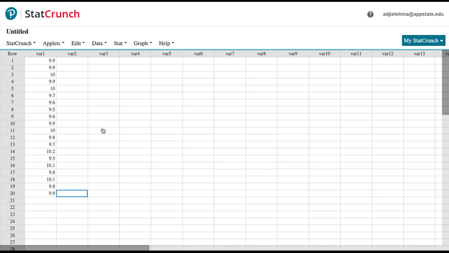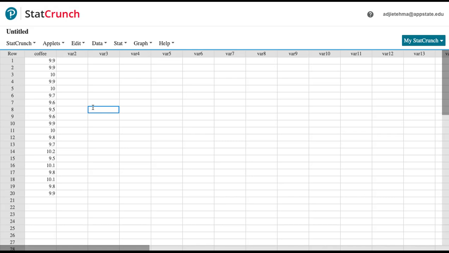So I have been able to input the data, and the data is about coffee, so I'll name this column coffee. In the last slide, I have shown you how to use StatCrunch to compute the bootstrap confidence interval.